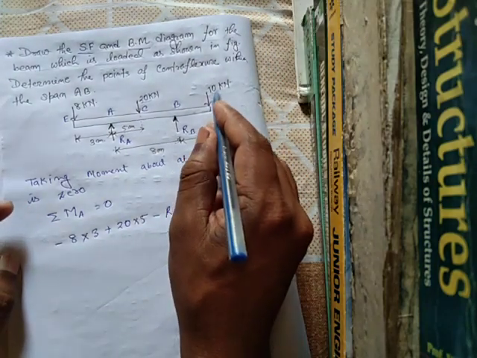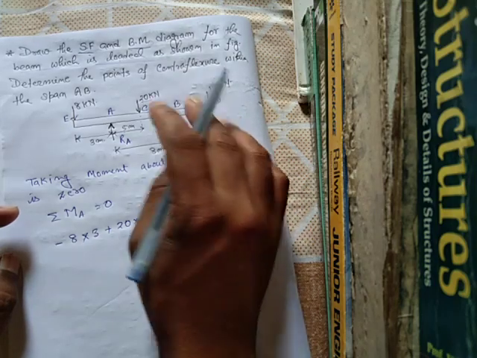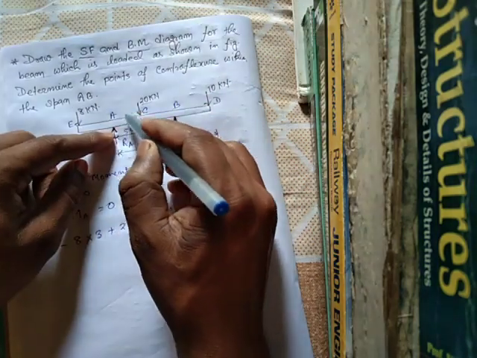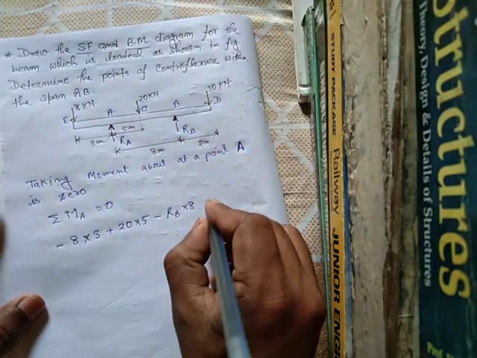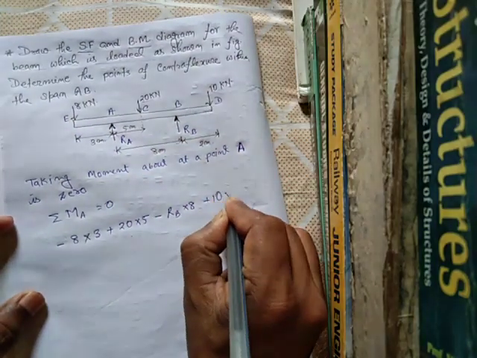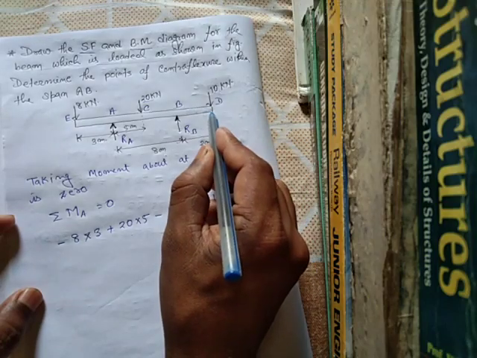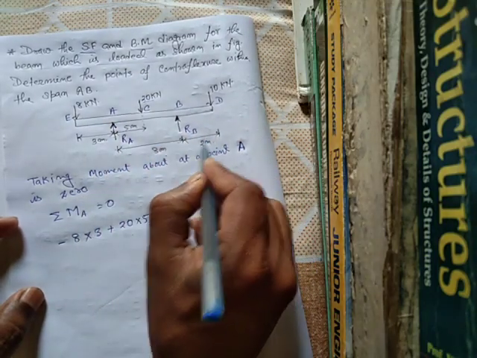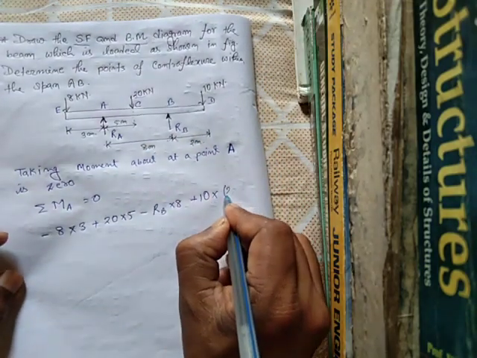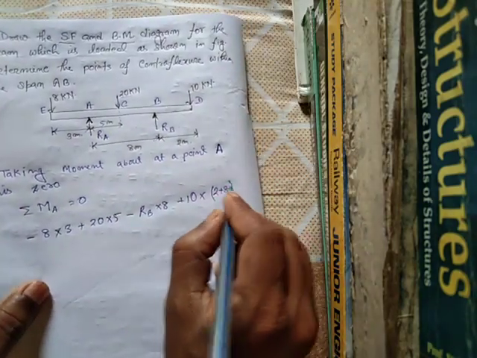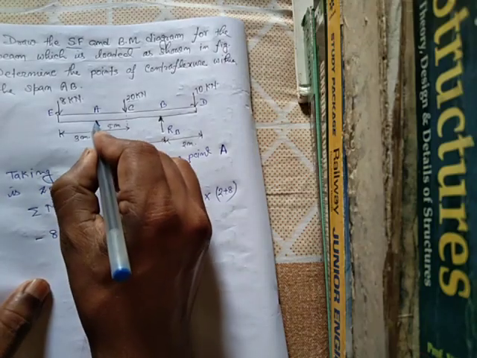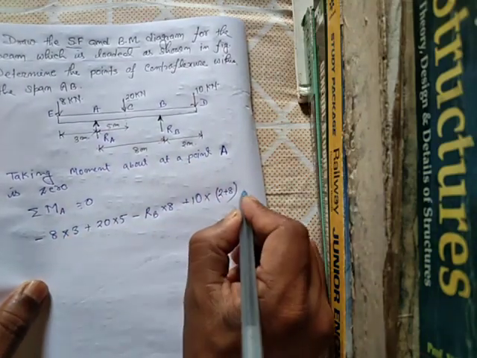And the 10 kilonewton load will also give a positive moment, that means plus 10 kilonewton into the perpendicular distance, 2 plus 8, that means 10 meters. So this is the moment about point A, and it equals 0.